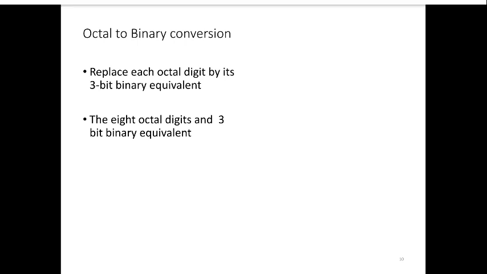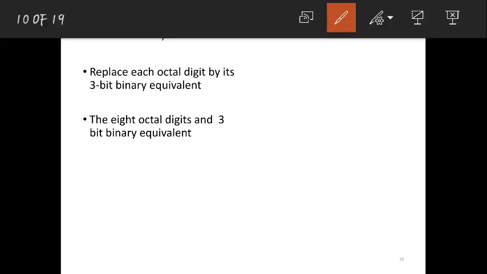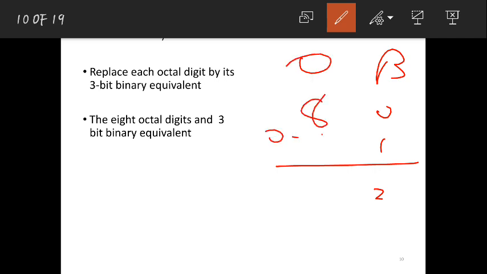We already discussed that, because in binary you have 0 and 1, that is only 2 symbols. Next, for octal you have 8 symbols, that is 0 to 7. So for that, how many bits do you need? If I take 2 to the power of 2, I'll get 4.